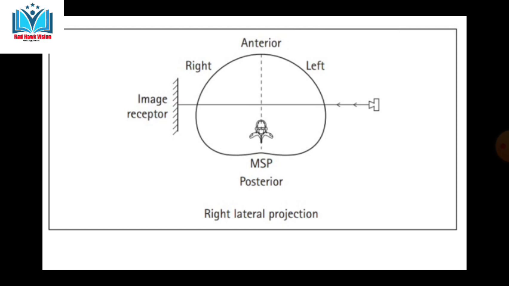When the central ray enters the body from the left side and passes through the image receptor position on the right side, we call it the right lateral projection. And when the central ray enters the body from the right side and passes through the image receptor positioned on the left side, we call it left lateral projection.